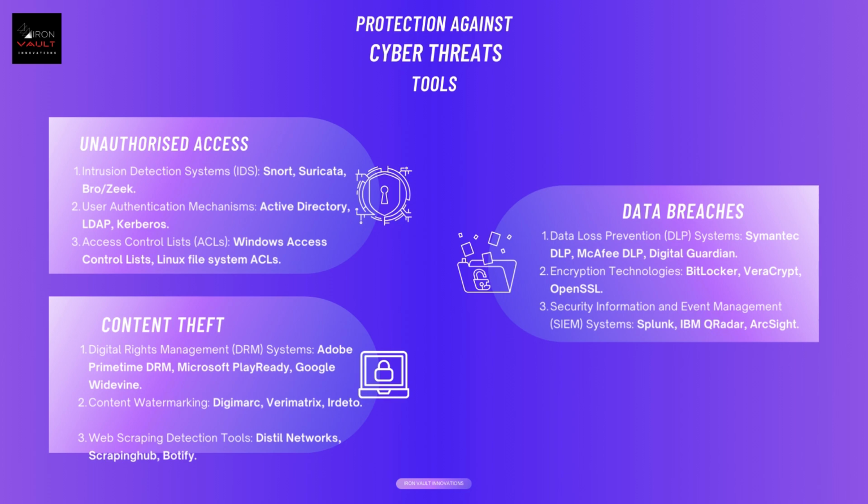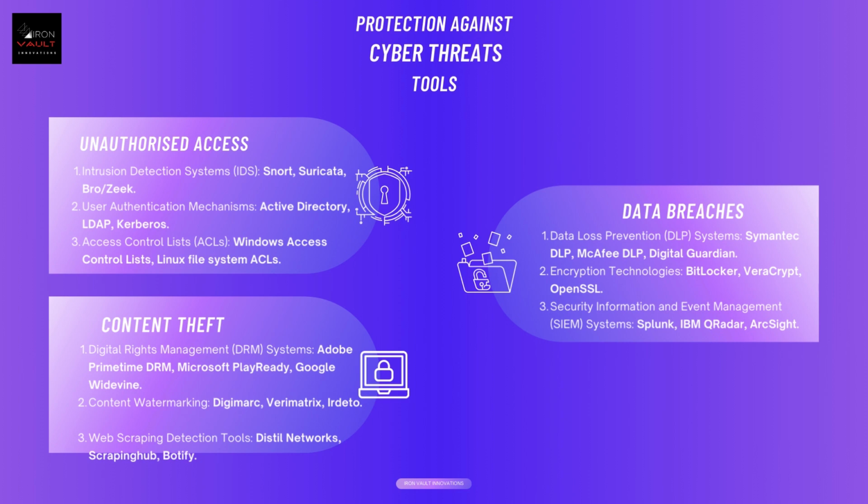Now the data breaches. Let's go on to what tools we will use for them. Data loss prevention systems: Symantec DLP, McAfee DLP, and Digital Guardian. You might have heard about McAfee. It's an antivirus company, but they also make data loss prevention systems.